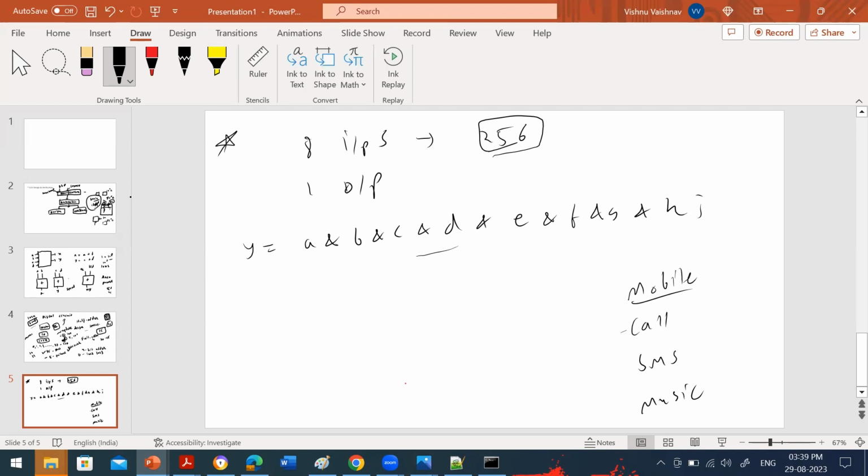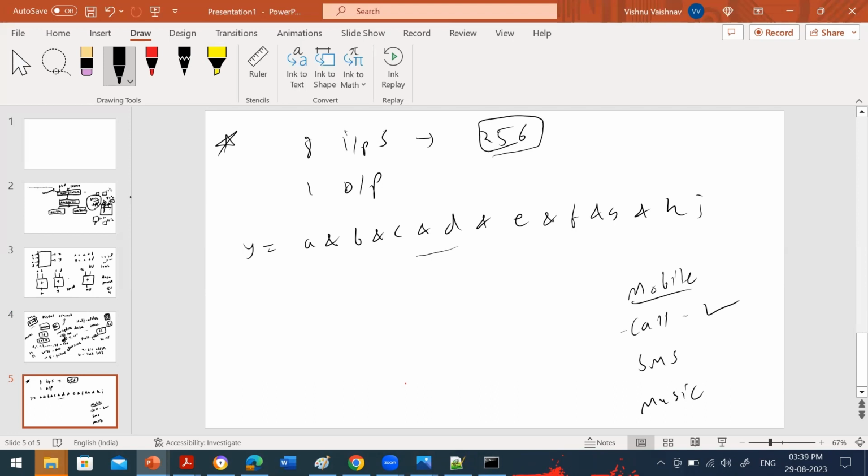Let's say you understood all of that. Then you apply all the inputs required for call and you check the output, verifying whether it is working properly or not. Everything is good, so maybe you put a tick mark on call and say, yes, I have verified the call feature.